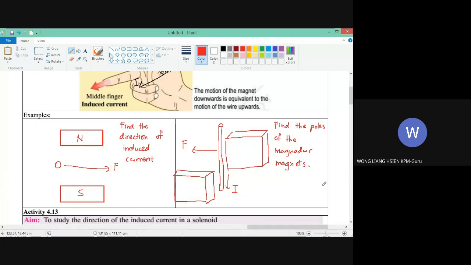Okay, try it now. Copy down this example and try to find out the direction of the induced current and find the pole of the magnet by using Fleming right hand rule.